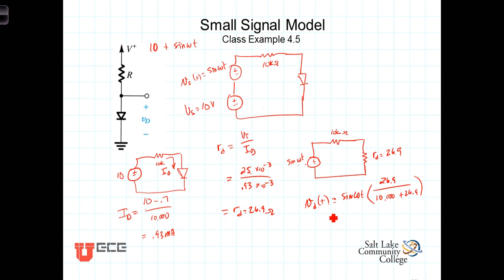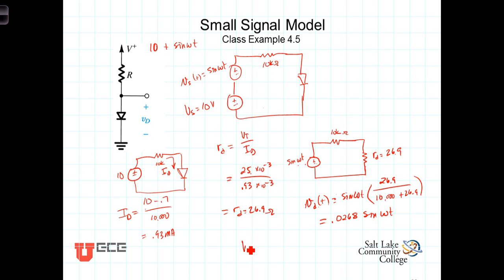When you go through and calculate that, you get that the small signal voltage variation on the diode is equal to 0.0268 sine of omega t, or the small signal ripple there is about 26 millivolts. Compared to the 0.7 of a volt on the diode, that is a relatively small quantity, and we're justified in using the small signal model.